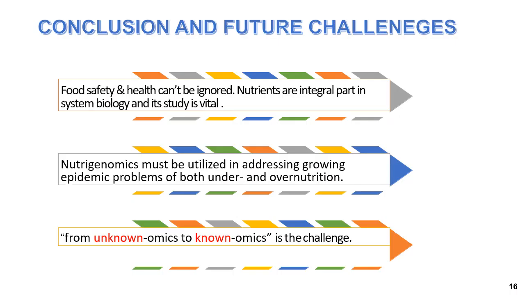And now we are going to discuss the conclusion and the future challenges in the field of nutrigenetics. We know that food safety and health can't be ignored in the field of food technology and the food processing sector.